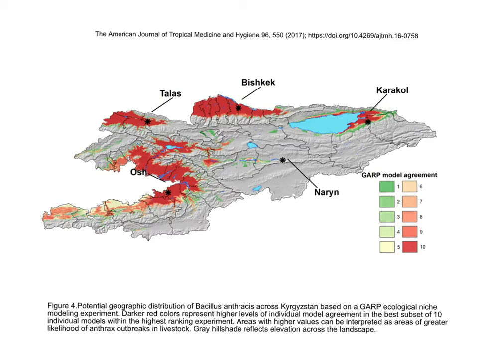In this particular study, elevation was also important because you'll notice these flatter areas on the edges of these really rough parts here in gray indicate that in the flat areas or less mountainous areas of Kyrgyzstan is where we most likely predict anthrax.